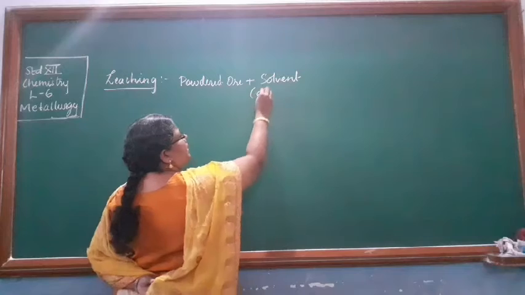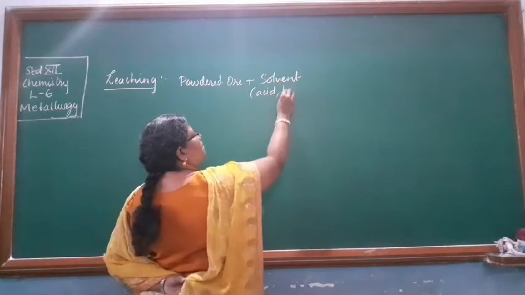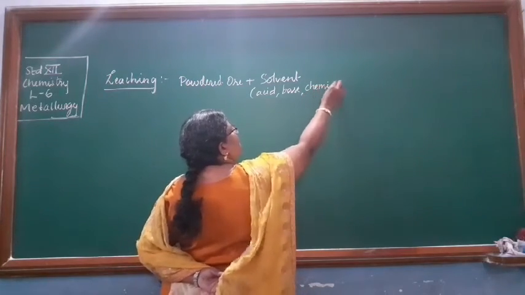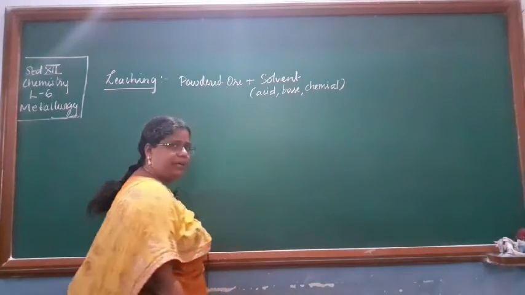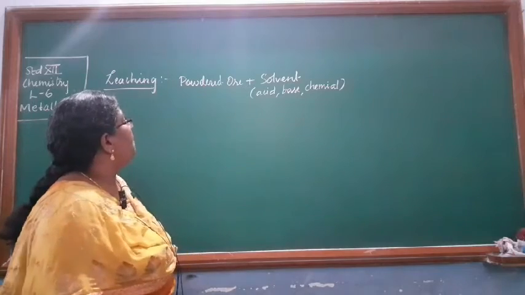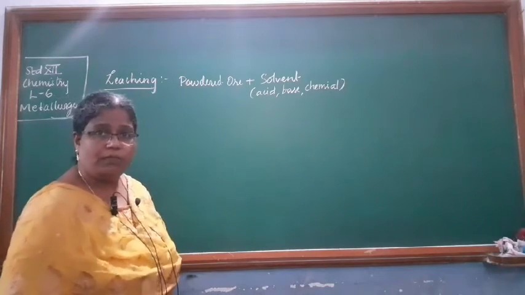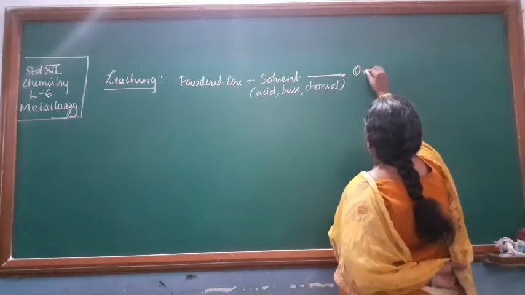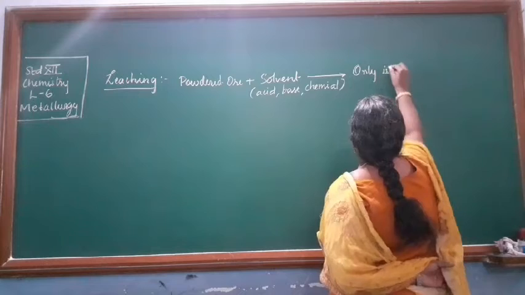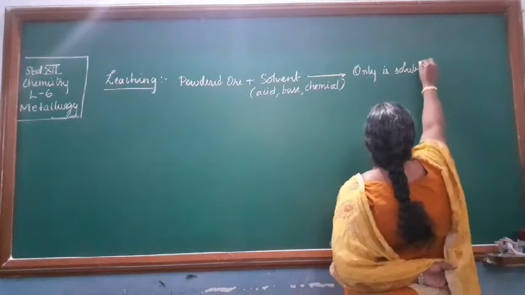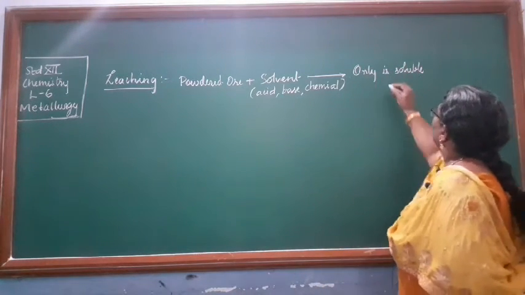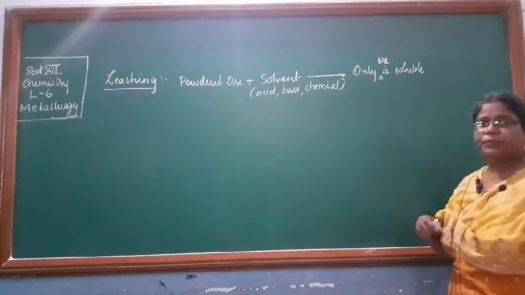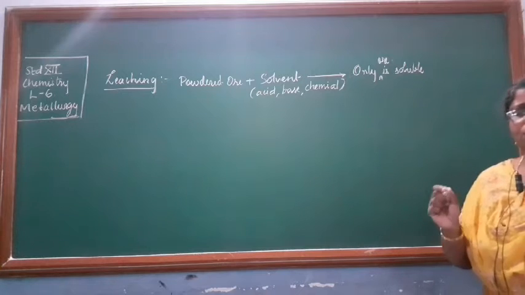That solvent can be an acid or a base or any chemical. You are adding the powdered ore into the solvent where only the ore is soluble, only the ore will be soluble.